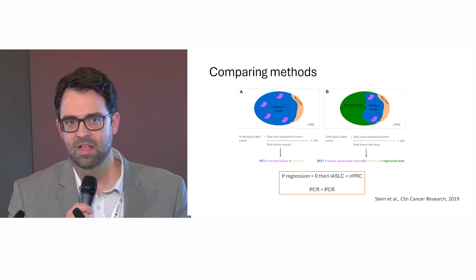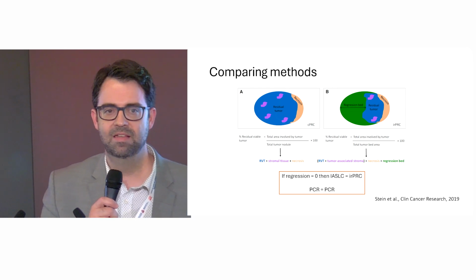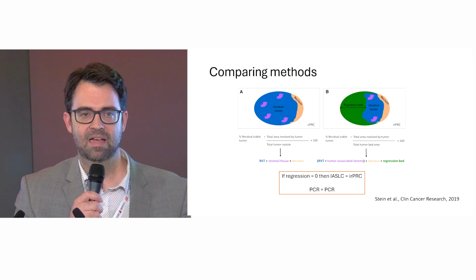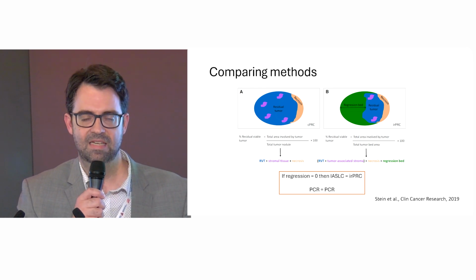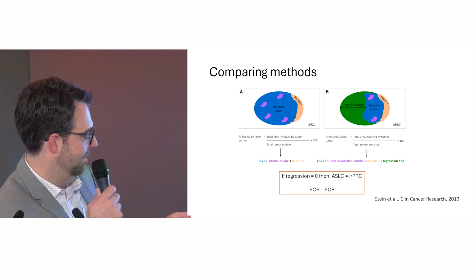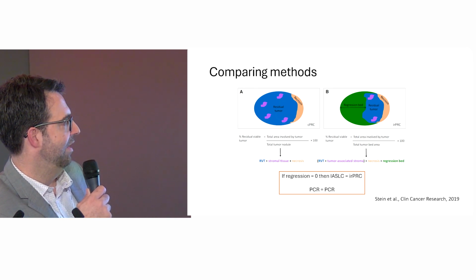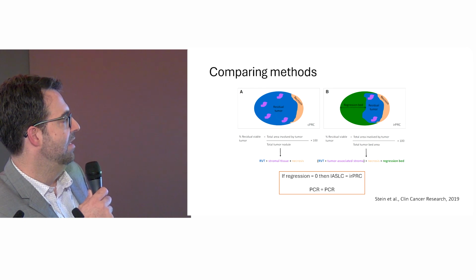If we compare the 2 methods, this is a paper looking at that. The left side, A, is the Pater method. Here, the residual tumor is the total amount of viable tumor divided by tumor size.